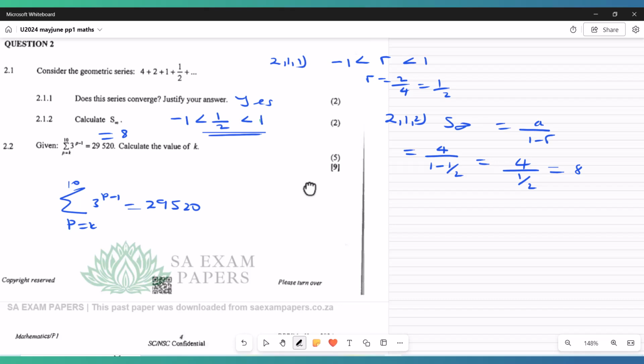This is to calculate the value of k. Now summation means this is the sum of all the terms from k up to 10 and equals this. So we need to find out the value of k. So we are supposed to add all the terms from tk up to t10.